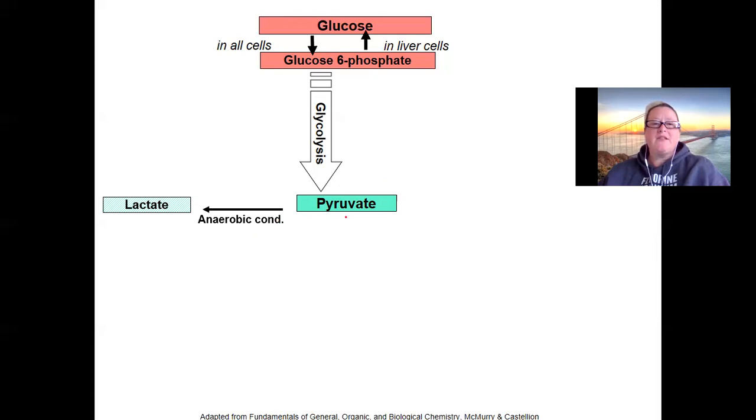So for whatever reason, we don't have enough oxygen to continue. Under anaerobic conditions, which is low to no oxygen, our pyruvate can turn into lactate.